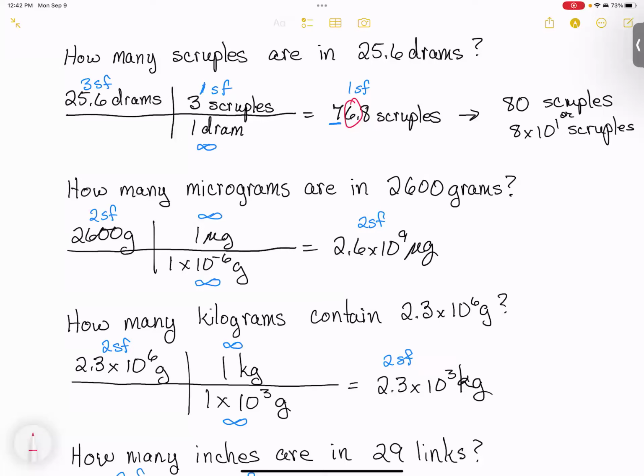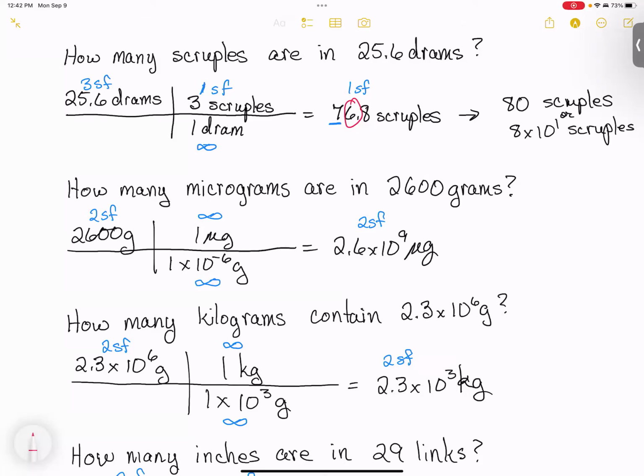The prefix unit got the 1. I always put the prefix unit with the 1, meaning that the scientific notation goes with the base unit.